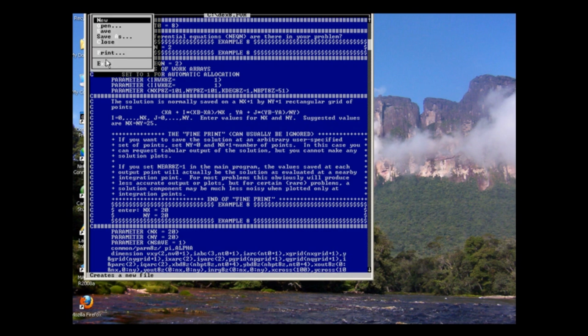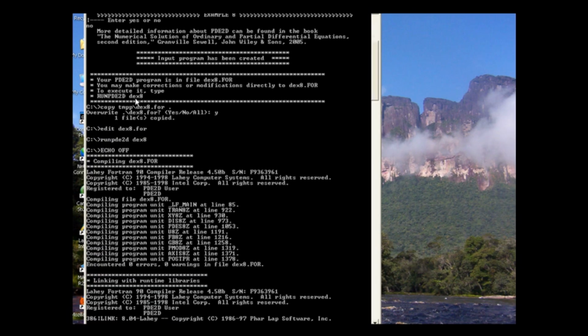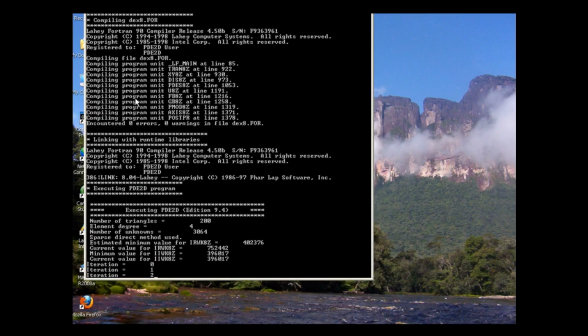All you need to know is how to form basic Fortran expressions. This time we won't bother creating MATLAB graphical output. We'll just look at the graphics generated by PD2D itself. It uses Newton's method to solve the nonlinear system.